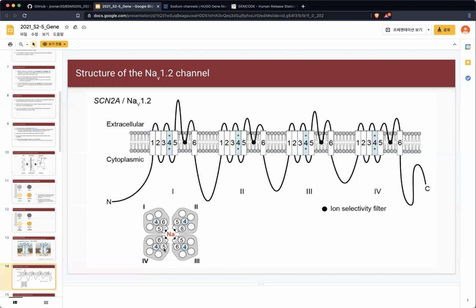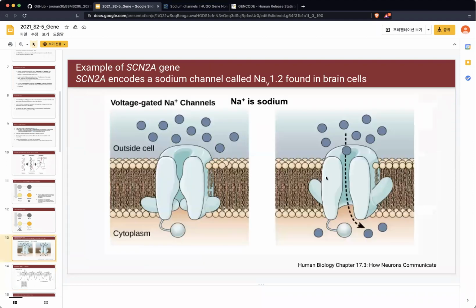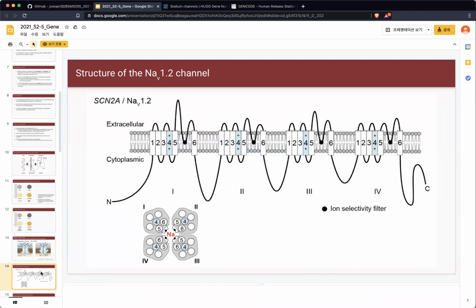So there is a hole in the center of the protein, and the sodium, which is Na, goes into this area, right? So this area is equal to this hole. The sodium outside your brain cells goes in this direction.